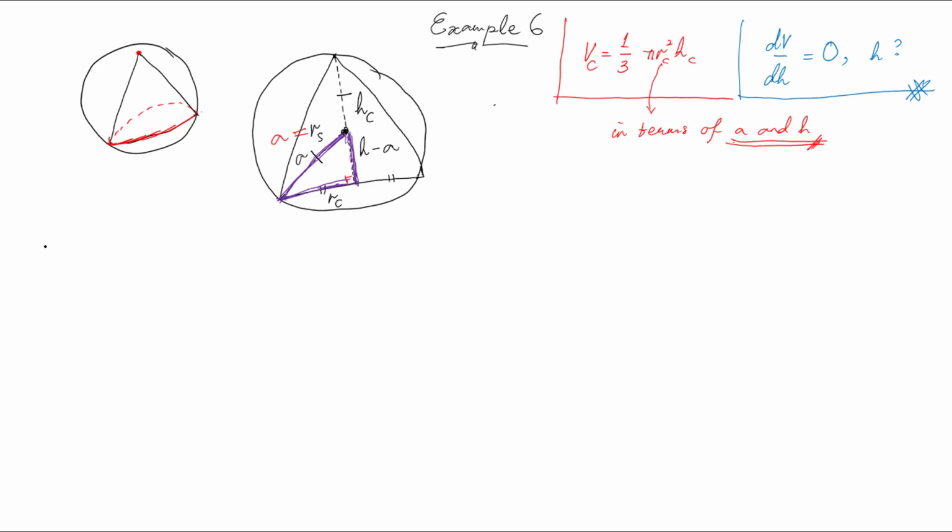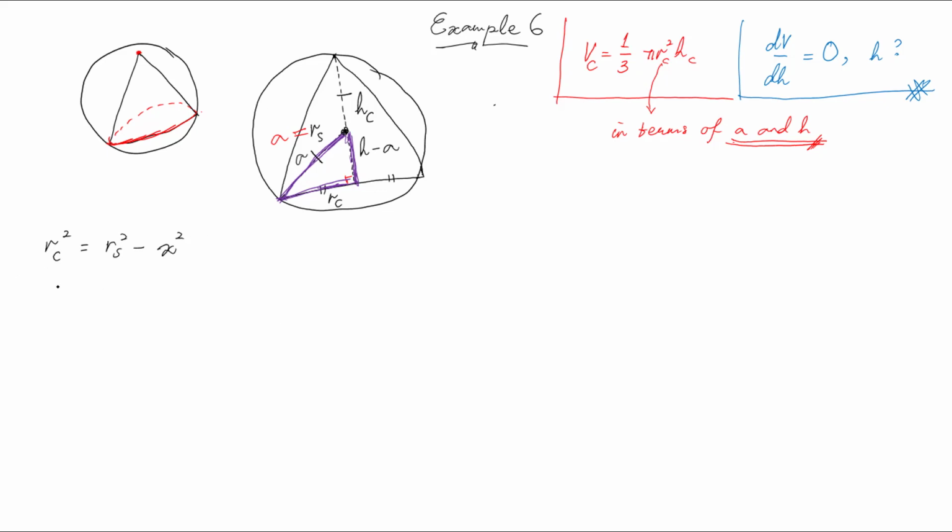Let's rewrite it in the subscript form first. RC square is equal to the hypotenuse, which is RS square, minus, well, let's call this one X square first.